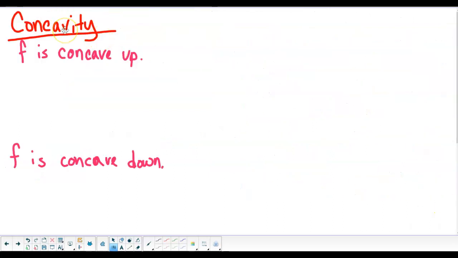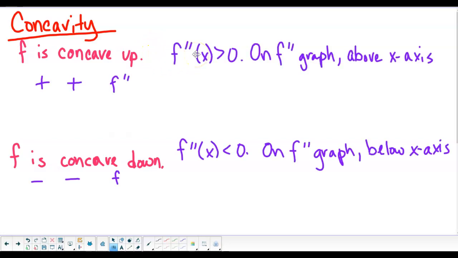Okay. There's another way to view this with concavity. What if we know that the original function is concave up? Or what if we know the original function is concave down? Well, this is just a nice way to form your thinking. So if the original function is concave up, I know for sure the second derivative is positive.